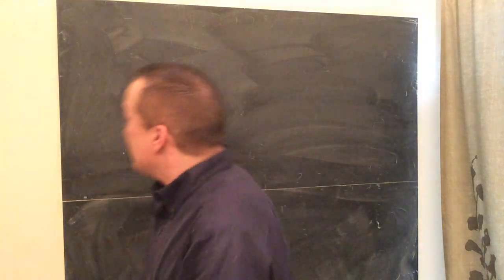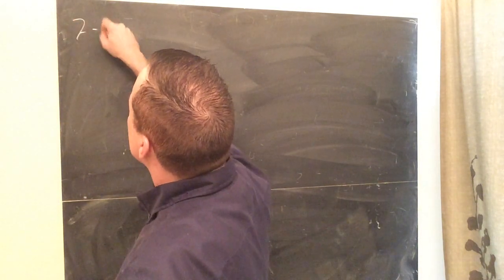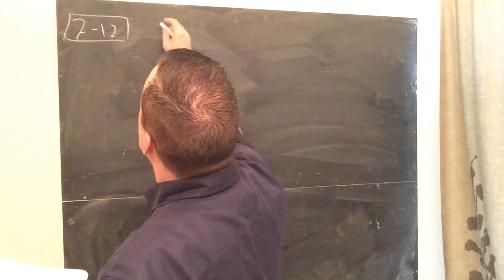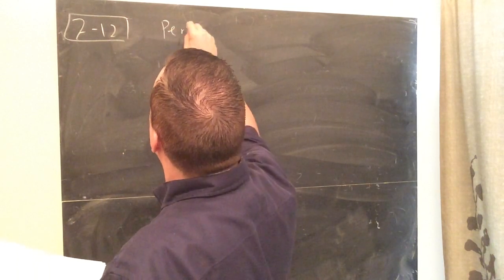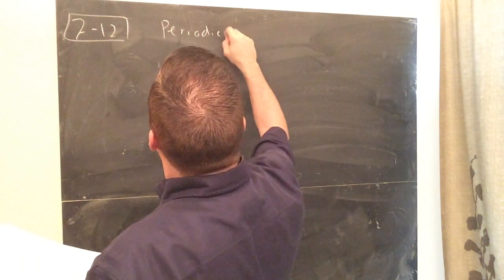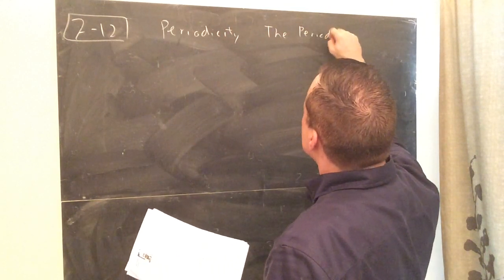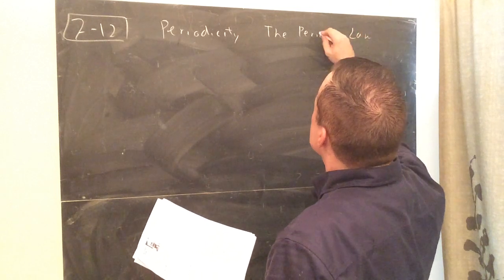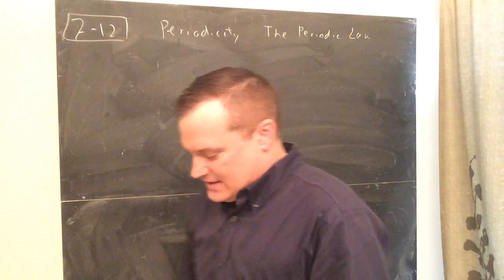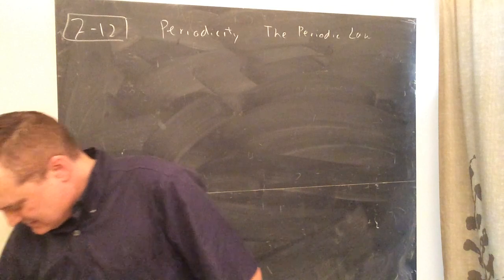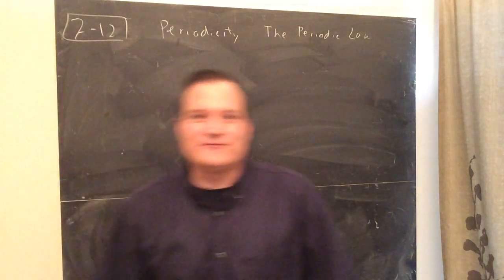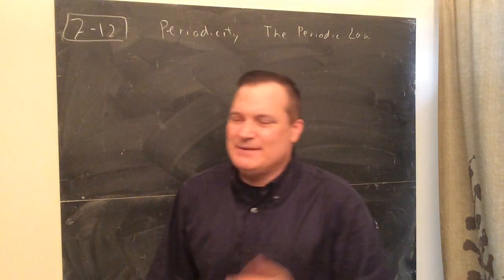First of all, before I mention 712, I'm going to bring up something about periodicity, the periodic law. This is a good place for me to throw in something advanced you need for AP really, but anybody can know about this.